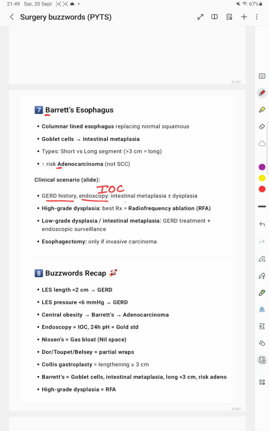On endoscopy we can see intestinal metaplasia with or without dysplasia. A potential question: if there is high grade dysplasia, the best treatment is radiofrequency ablation. If there is low grade dysplasia or intestinal metaplasia only, we just go for GERD treatment and endoscopic surveillance. Esophagectomy only if there is invasive carcinoma.